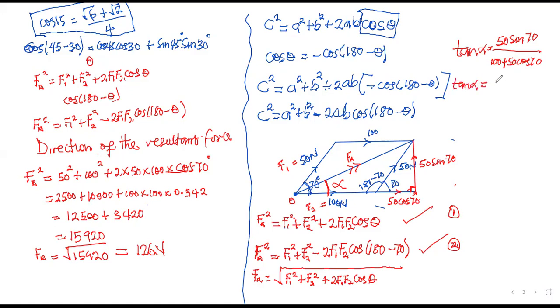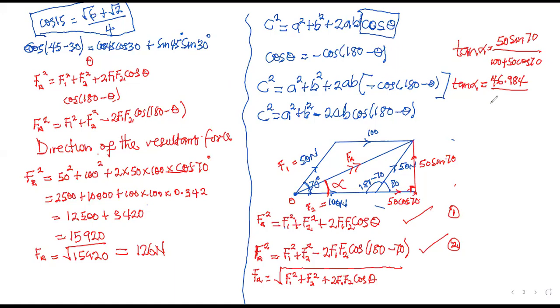So class, help me determine 50 sine 70. What is 50 times sine 70? 46.9846. Okay, so 46.98984.